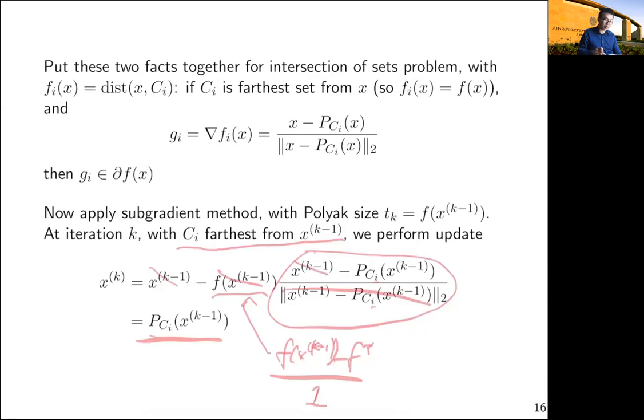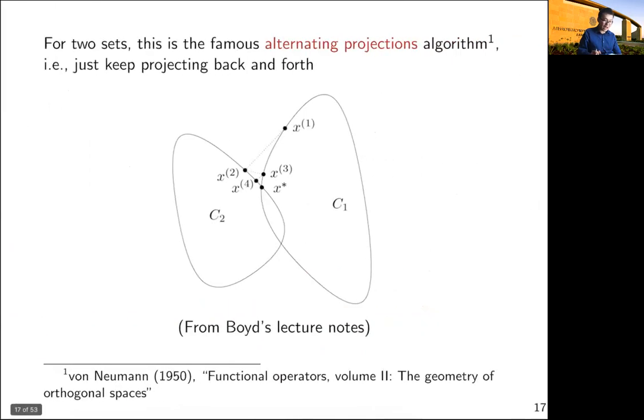That gives us a very interesting algorithm that solves feasibility problems by so-called alternating projection. Take two sets: you just alternately project any given initialization onto one set, then onto another, then back to the other set, until you end up finding a feasible solution.